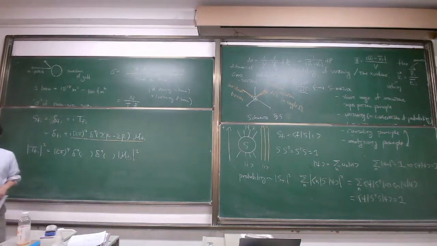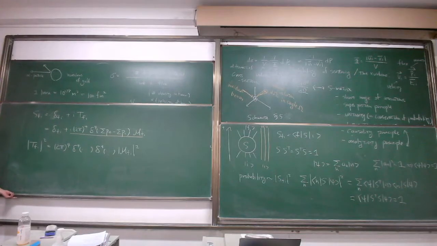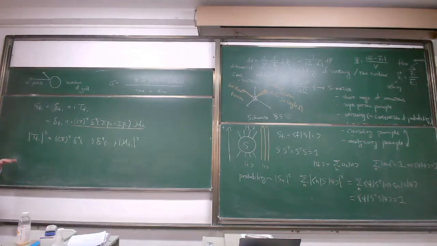Okay, so this is the form of T_FI squared. The lecture note is misleading. I will change it later.